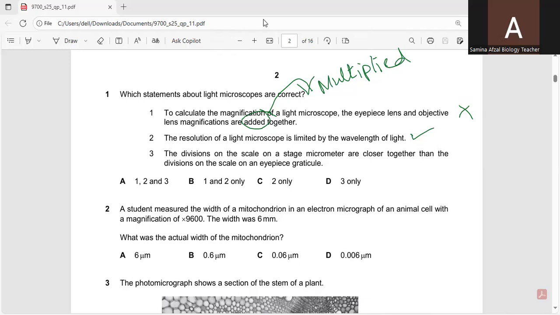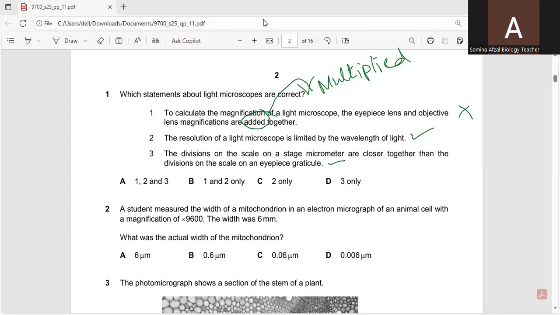The divisions on the scale on a stage micrometer are closer together than the divisions on the scale on an eyepiece reticule. Here you must know that the stage micrometer is the scale which is kept on the stage in the form of a slide, whereas the eyepiece reticule scale is always kept in the eyepiece.